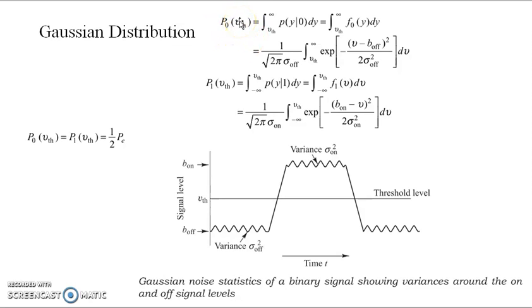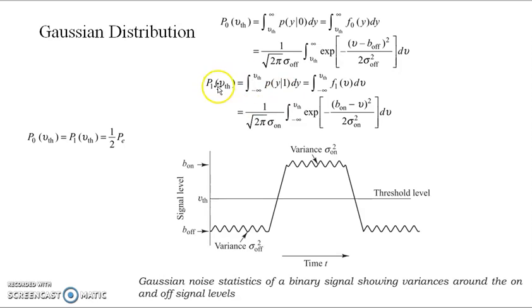Similarly, we can find the probability of error when a 1 is transmitted but the decoder detects a 0 because the output voltage is below the threshold voltage.